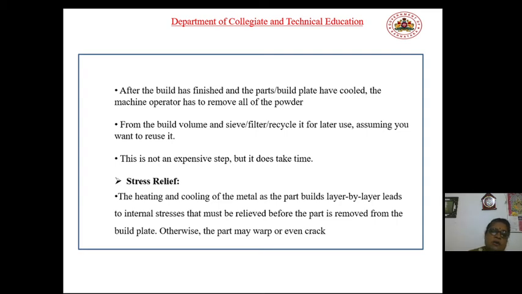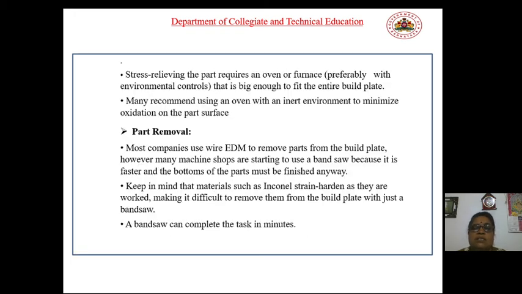So before that damage happens, we have to remove the internal stresses caused by the heat and cooling. Stress relieving requires an oven or furnace, preferably with environmental controls, that is big enough to fit the entire build plate.